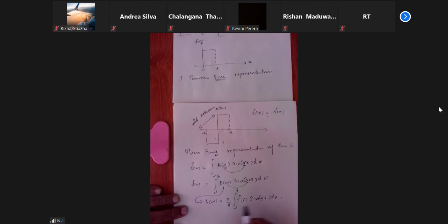Otherwise, B(alpha) equals 2 over pi integral of f(v) sine(alpha v) dv. Those are notations, don't worry about that. Any notation you can use or change.